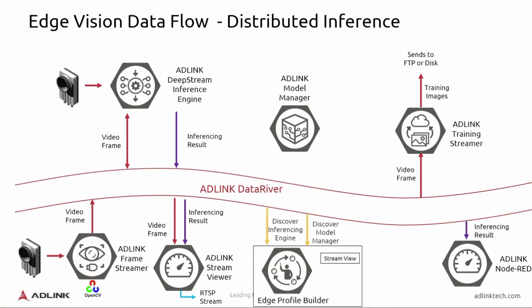It communicates with the data river, it discovers inference engines, it discovers model managers on the network, and then it instructs the inference engine which model it needs to apply from which manager. The inference engine then requests the change of model. The model manager sends it, the DeepStream inference engine receives it, unpacks it, applies it, and then starts inferencing off that information.